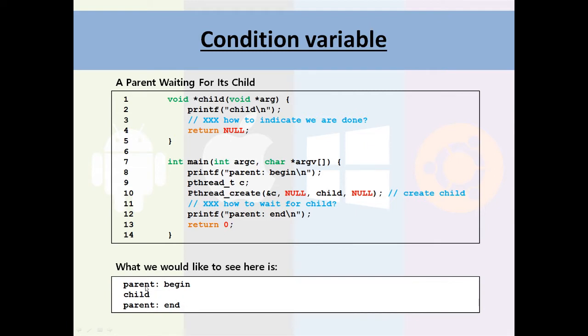That is the order of events that we would like to encourage. And you can see it's represented by this code here. Now, with this scenario, two questions should arise, right? As the child, how do we indicate when we are done? And as the parent, how do we wait for the child to finish?